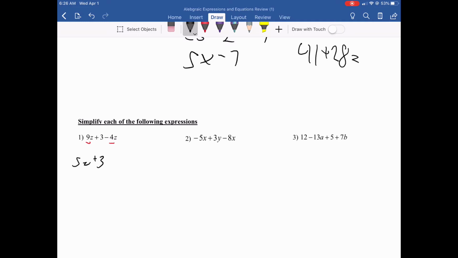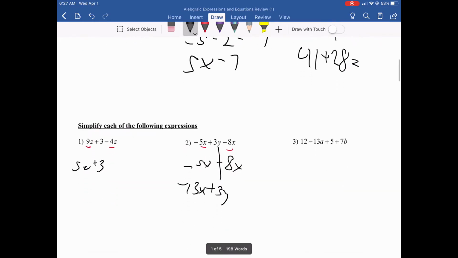Look for the like terms. We got x and x. So we got negative 5x combined with negative 8x. This is going to be negative 13x. This is going to be plus 3y. That's the answer. We're simplifying.